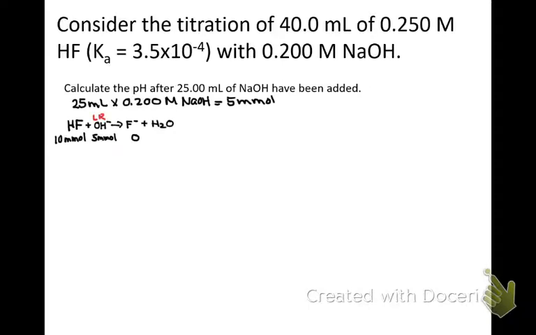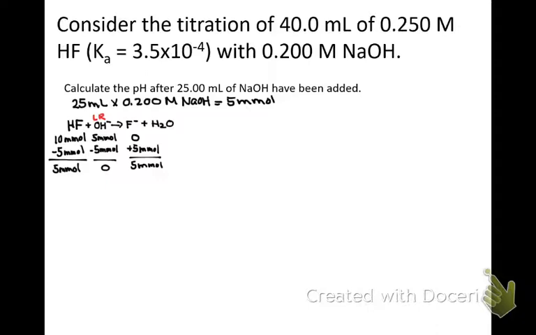So that means that we're only going to make as much as we have of that one. So we're going to lose 5 millimoles of HF and 5 millimoles of OH minus, because those have 1-to-1 stoichiometric coefficients, and that's going to produce 5 millimoles of F minus. So at the end of the reaction, we'll have 5 millimoles of HF, no OH minus, and 5 millimoles of F minus.